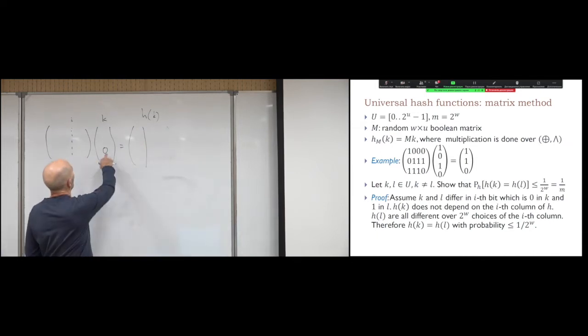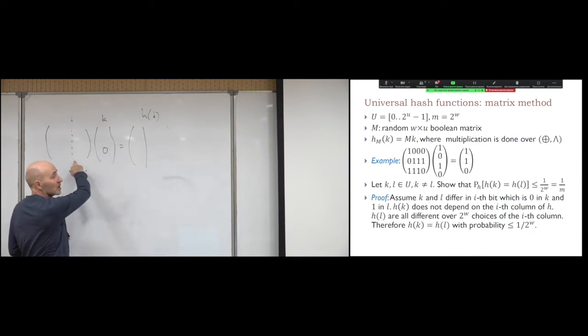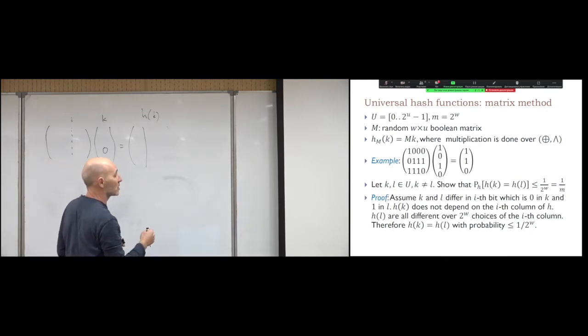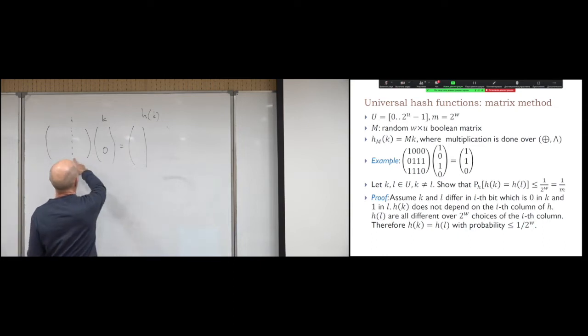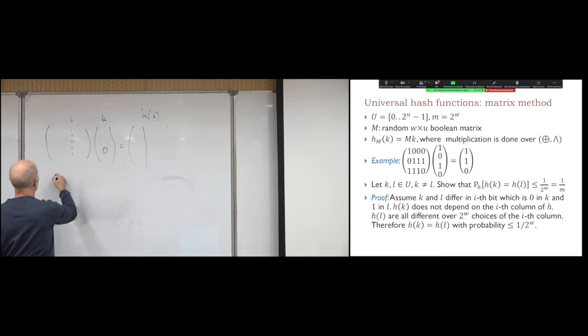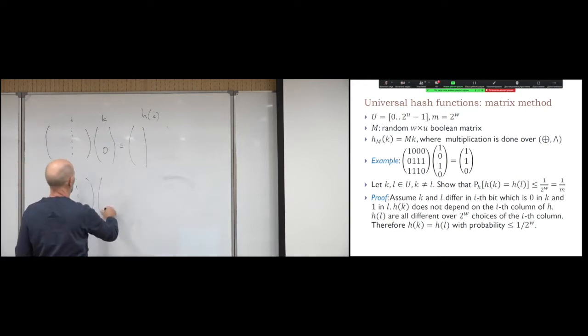Because the i-th bit in k is 0, so the i-th column in our hash function doesn't affect the result. Now we multiply the same matrix by l, and l has 1 at this position.